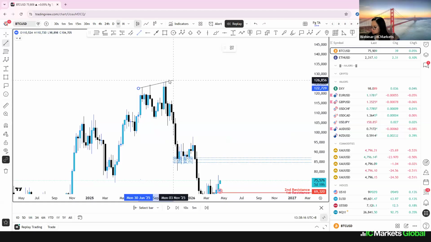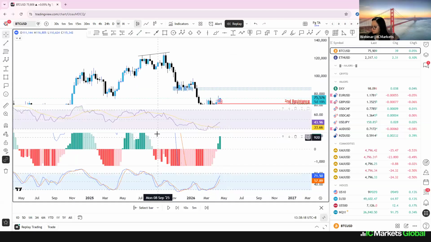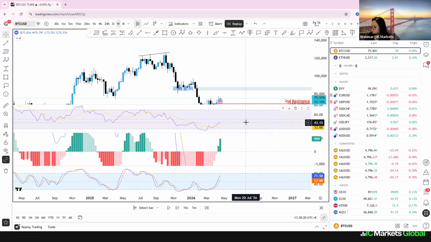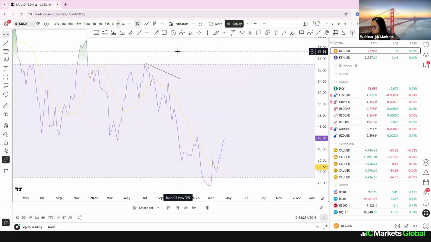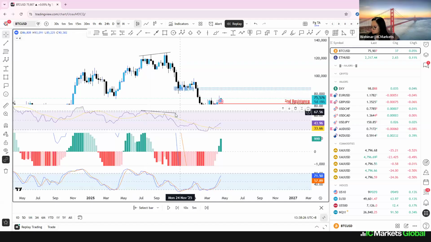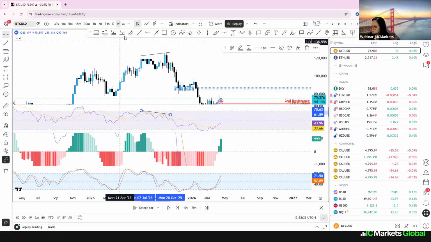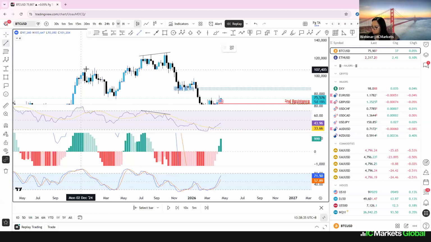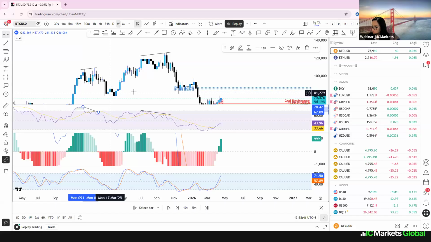There is the bearish divergence. Okay, you see that? Price makes the higher high, the indicator makes a lower high. This one as well. This is the bearish divergence before price is falling.